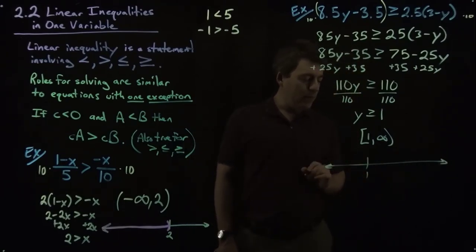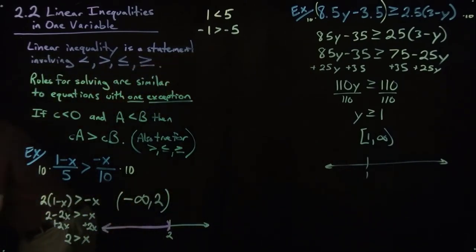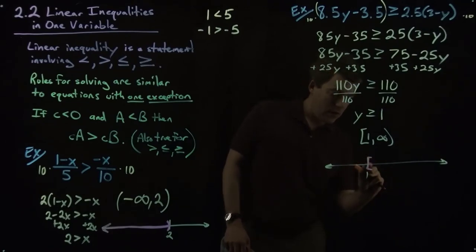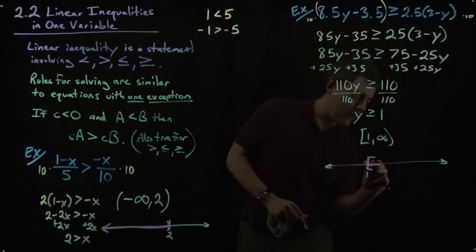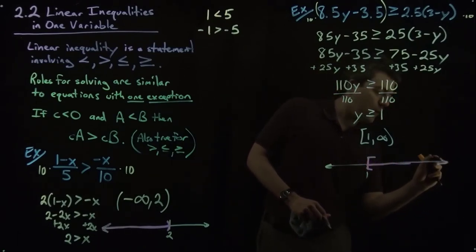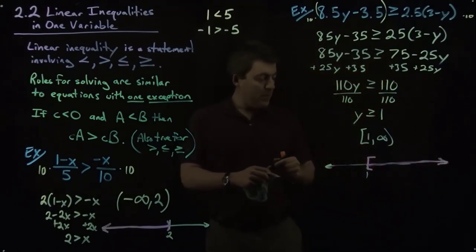So here's 1, and then we want to start at 1 and go to infinity. So I'll use a bracket here and highlight the region that represents the solution. Pardon the squeak. There we go. Okay.